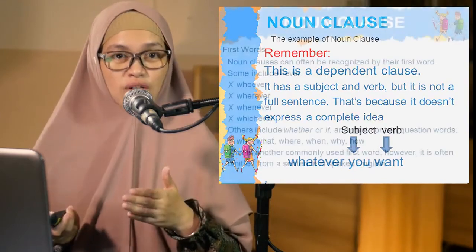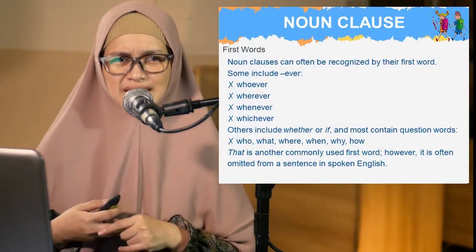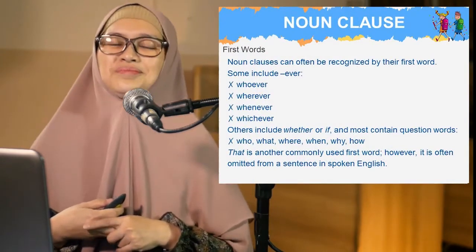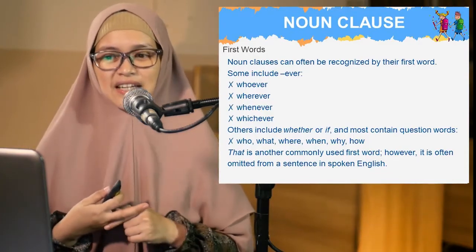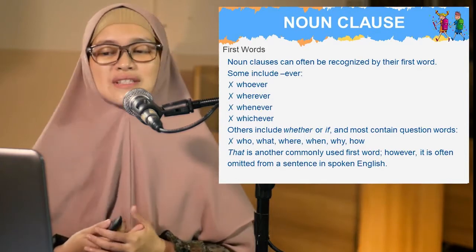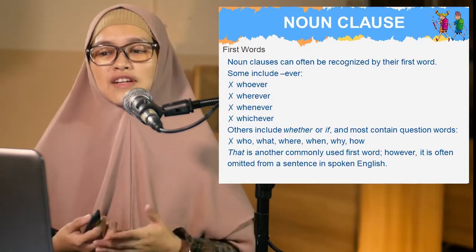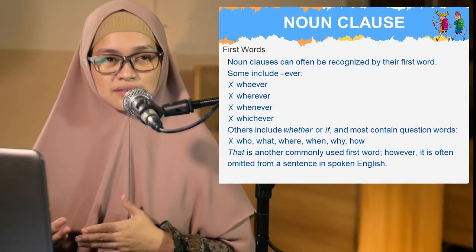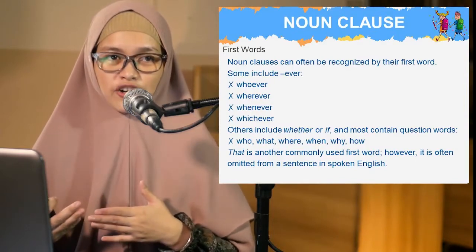Okay, let's go on. See here, we have first words. What is it? Some people say that the first word is a relative pronoun. A noun clause, or noun clauses, can often be recognized by their first word. Some include the suffix "ever".